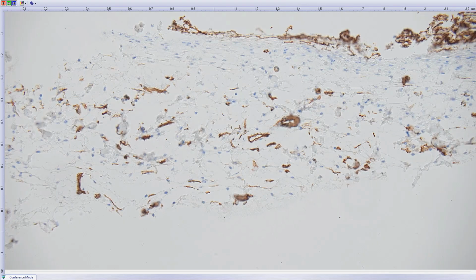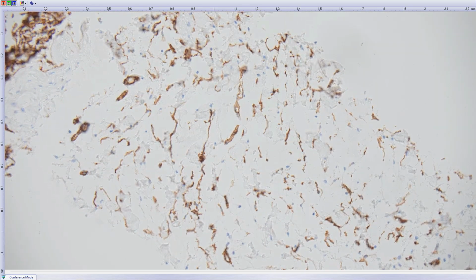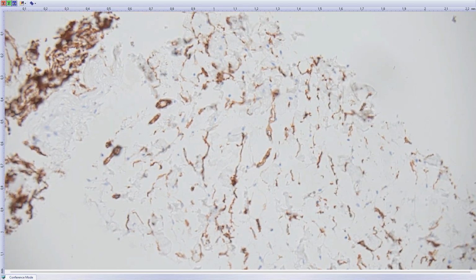And CD34 is positive in the vessels, but also it seems quite nicely positive in the spindle cells, and especially in the long cytoplasmic processes.